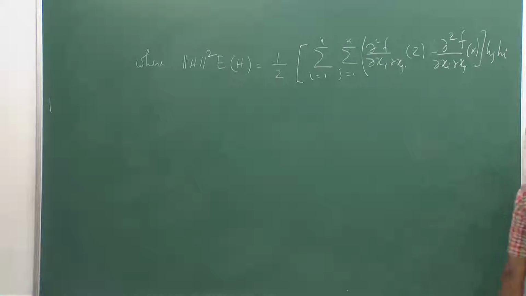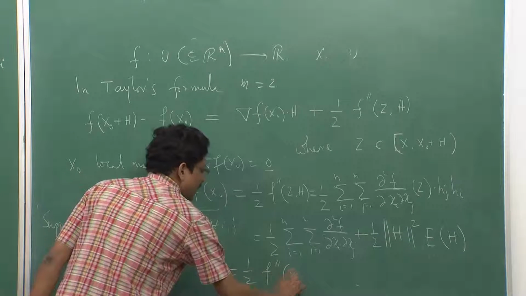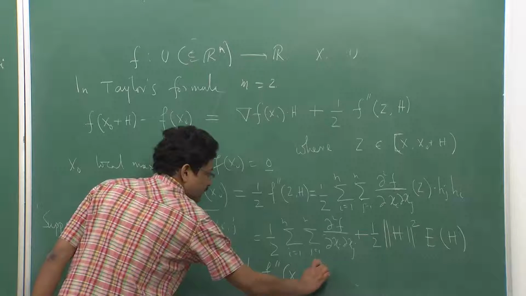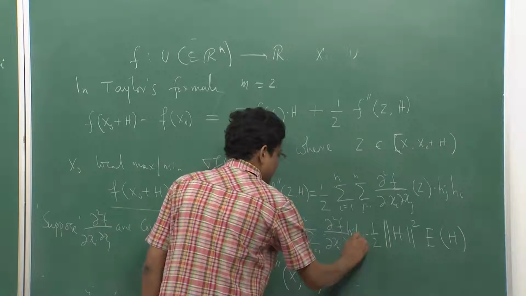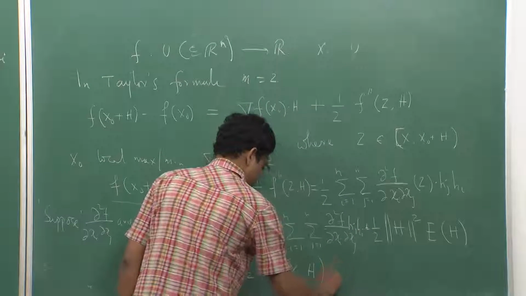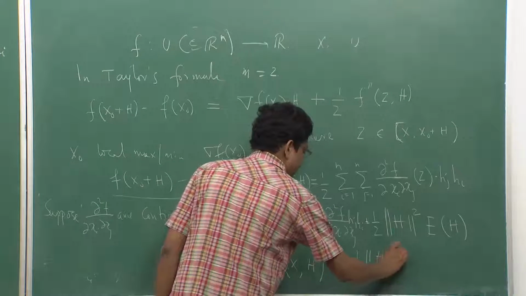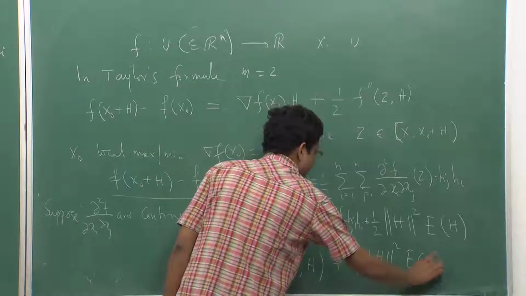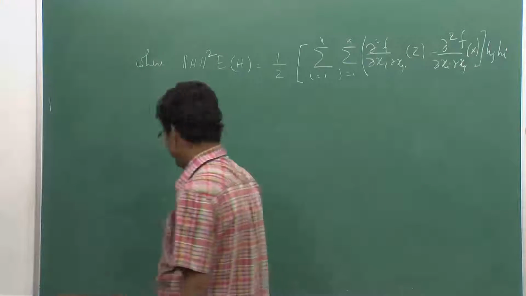So, this is half of f double prime at x naught applied to h, plus half of h squared times an error term. Now, look at this.